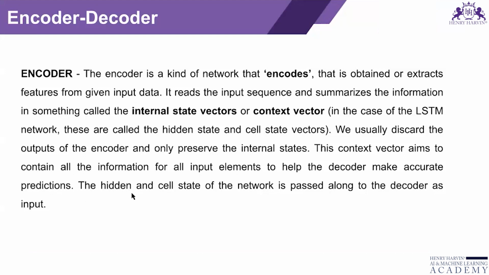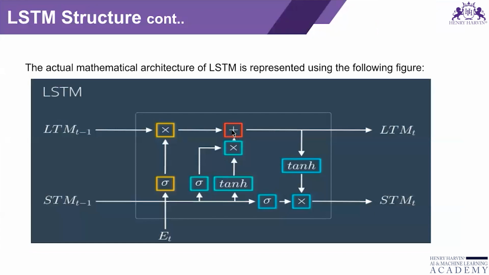The hidden and cell state of the network is passed along to the decoder as input. This plus is the cell state. So they are connecting two words and two cells for processing, and then one cell for feed forward.